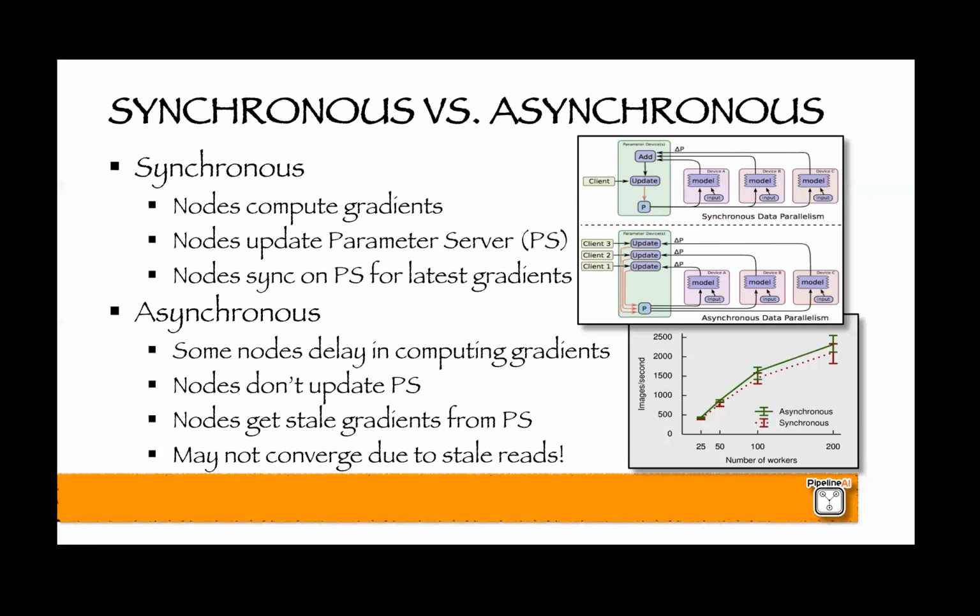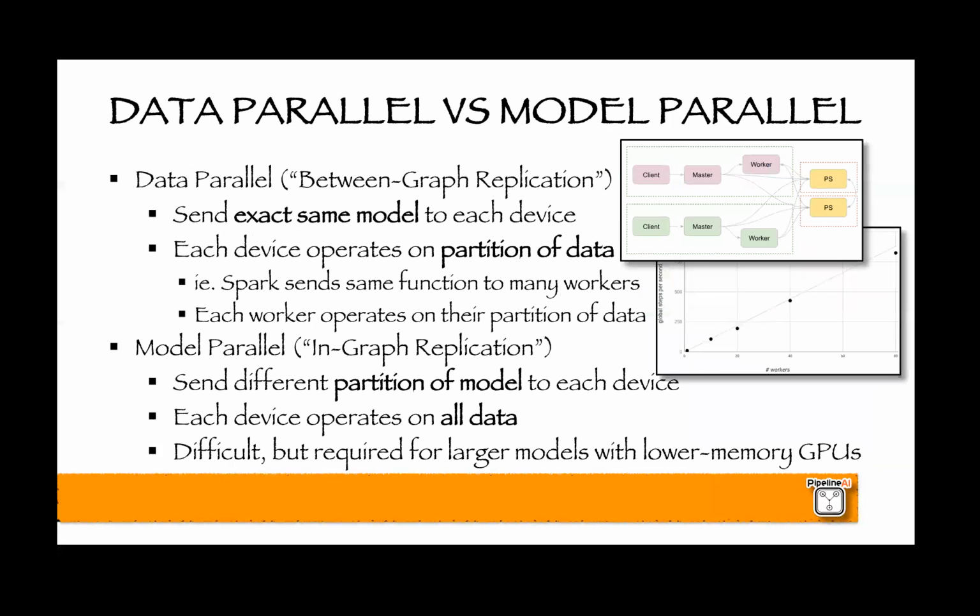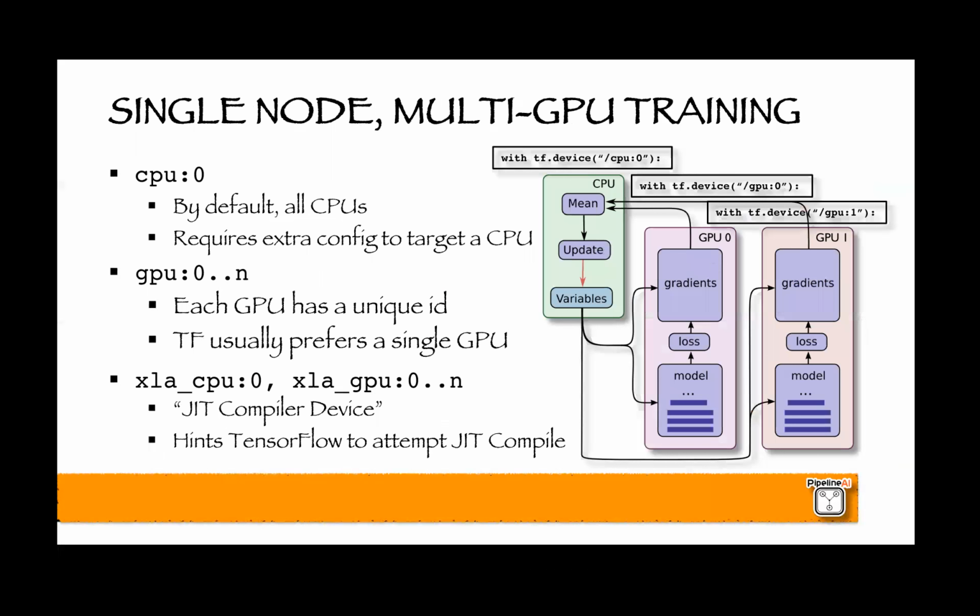Okay, here's synchronous versus asynchronous. This is that thing I was saying. If I back up a couple slides, this is all fine and dandy because it's typically on the same motherboard, where you have multiple GPUs. The pipe between the CPU and the GPUs, which is typically PCI Express, is fairly stable.